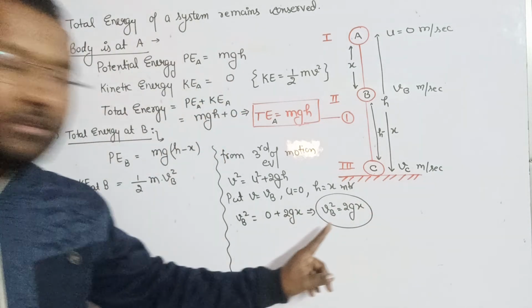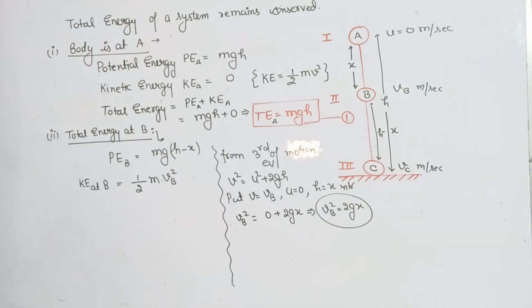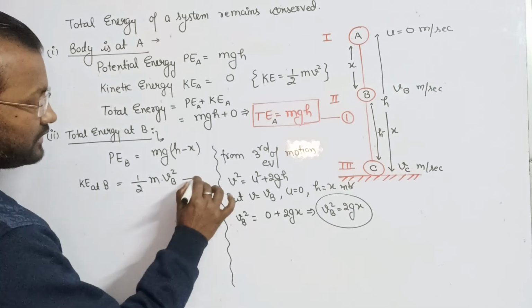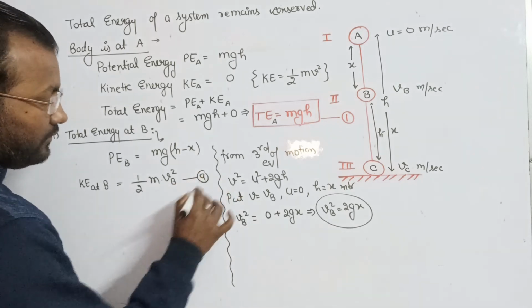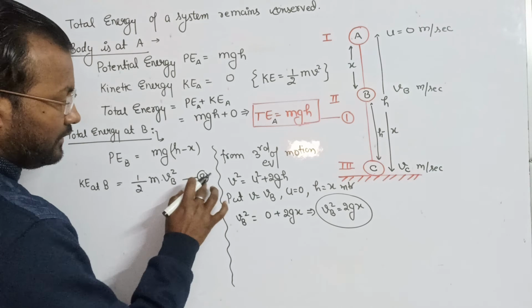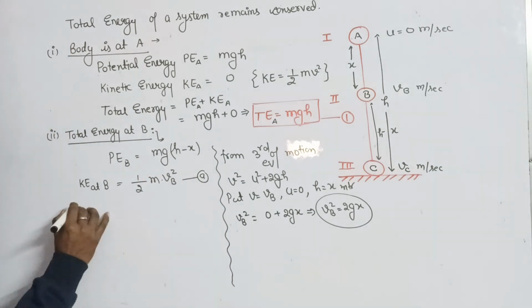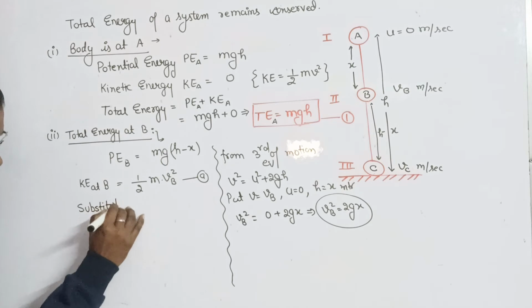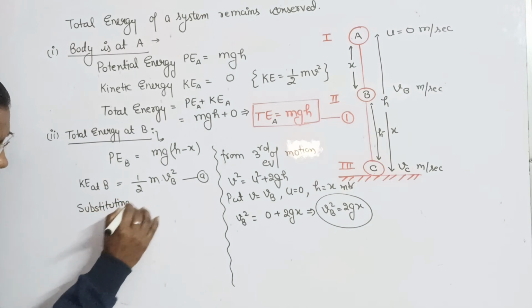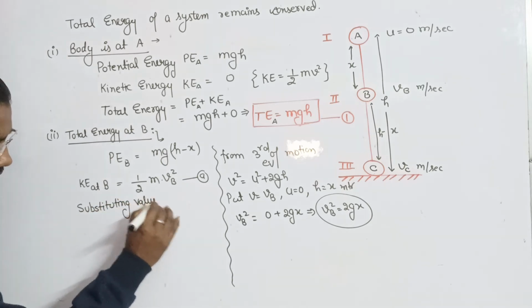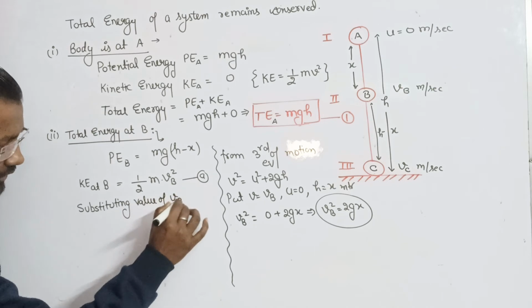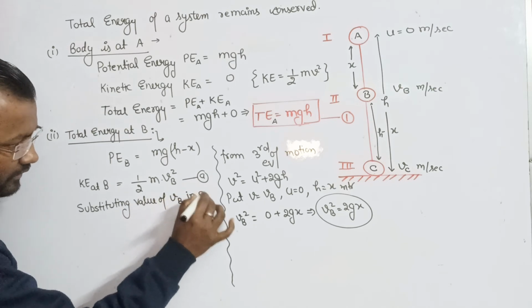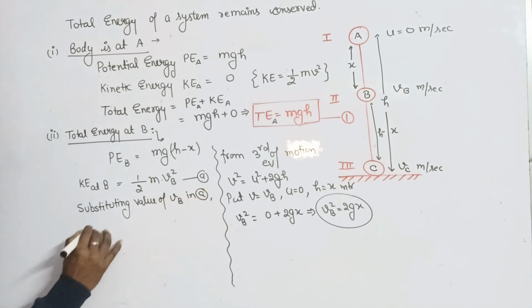We can put this value of vb in this equation. Let us suppose this equation is a, right? This is equation a. Now substituting the value of vb in a, then what we will have?